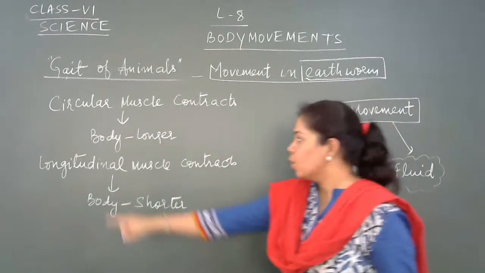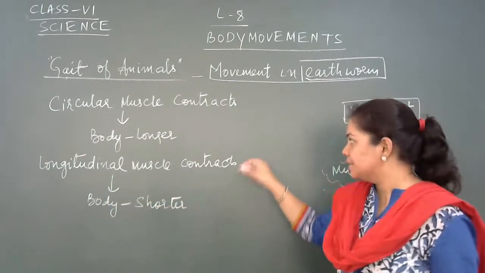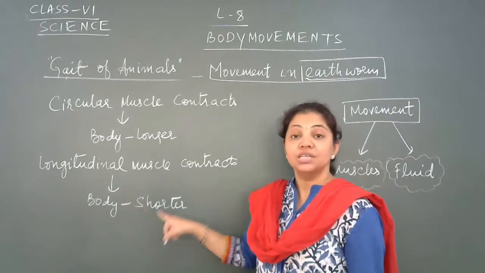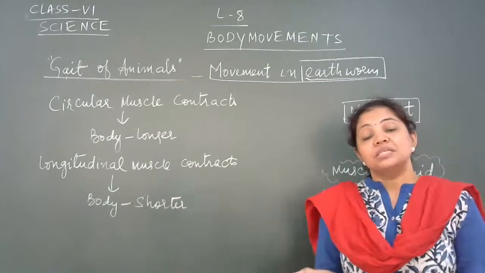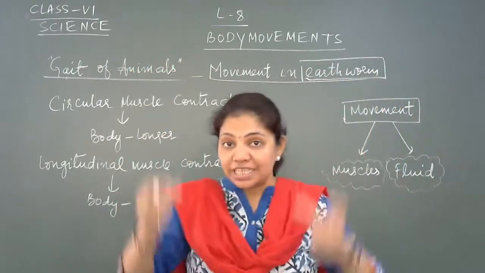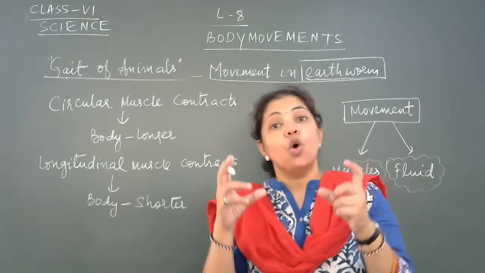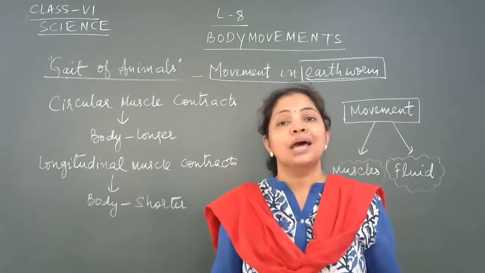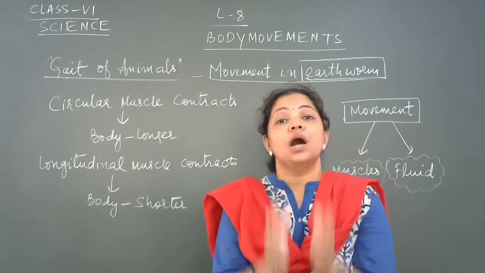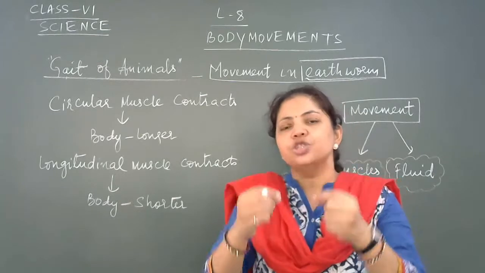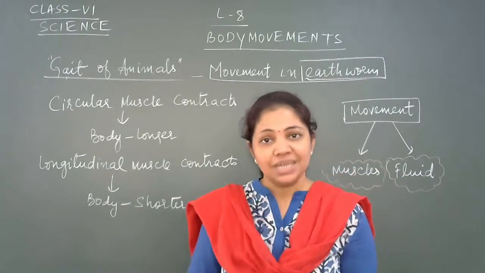When longitudinal muscles contract, just opposite, the body of earthworm becomes shorter. तो जो longitudinal muscles जिनको हम कह रहे हैं जो earthworm की दोनों sides पे present हैं, जब वो muscles contract करती हैं, shrink होती हैं, right, what happens? The body of the earthworm becomes short. उसकी body कैसी हो जाती है? सिकुड़कर छोटी हो जाती है, right?